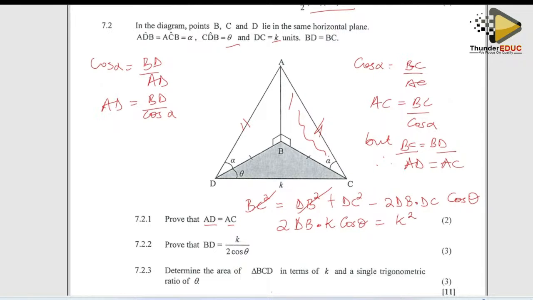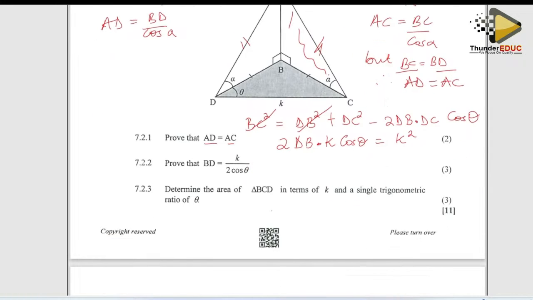We want the DB, so divide both sides by 2K cos theta. So this 2 cancels that, this cancels that, this cancels that. So we're left with the DB or BD. Cancel this K with one of the K. So K over 2 cos theta, just the way they want it.